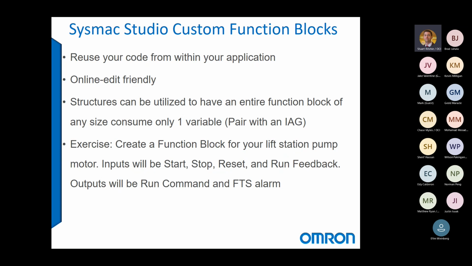The base object for that code is your function block. If you make a mistake, you don't have to change your code in 15 different places, for example. You can just change the base of that function block and it will update all of the copies of that function block.